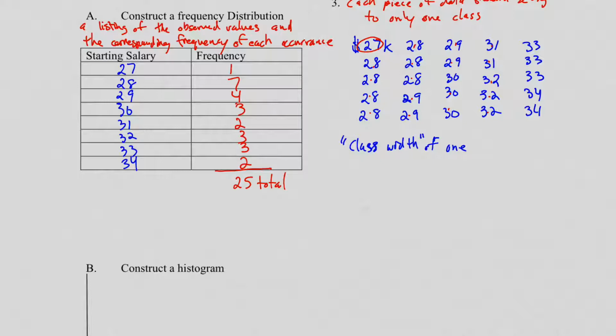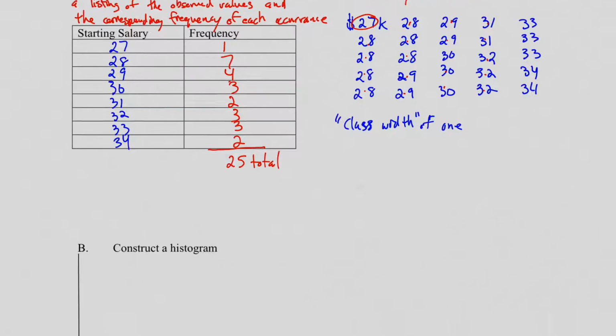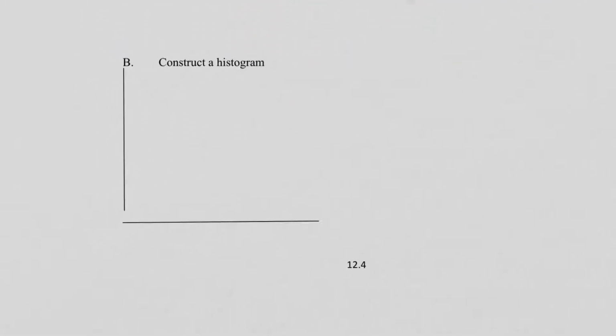Next, let's construct a histogram. A histogram is basically a bar graph. What we're going to do is put our frequency over here, and we're going to put our salary over here.